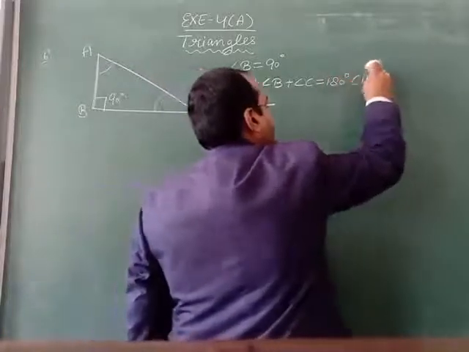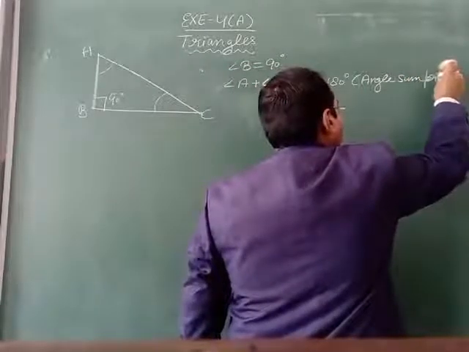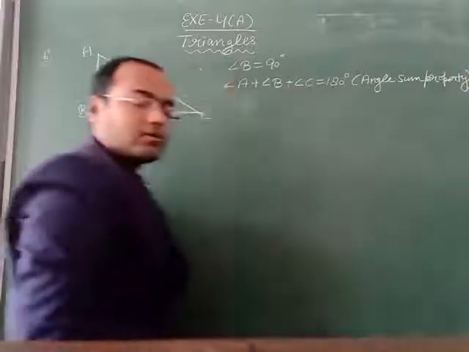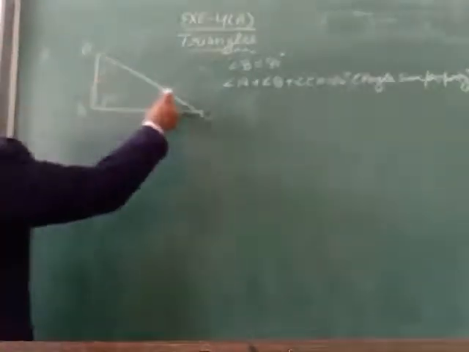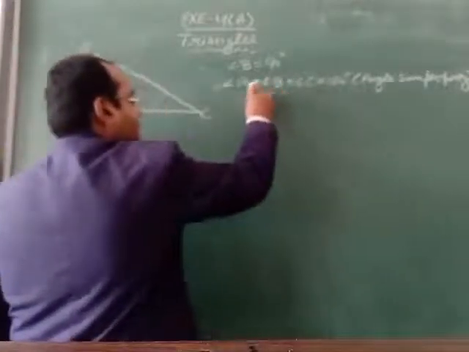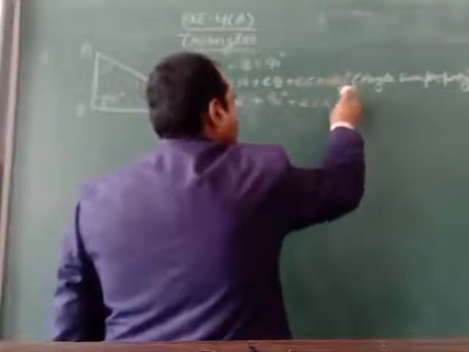We are using here angle sum property. Now, out of these three angles, angle A, B and C, we are having B value. Angle B is 90 degree. Angle A we don't know. Angle C we don't know.